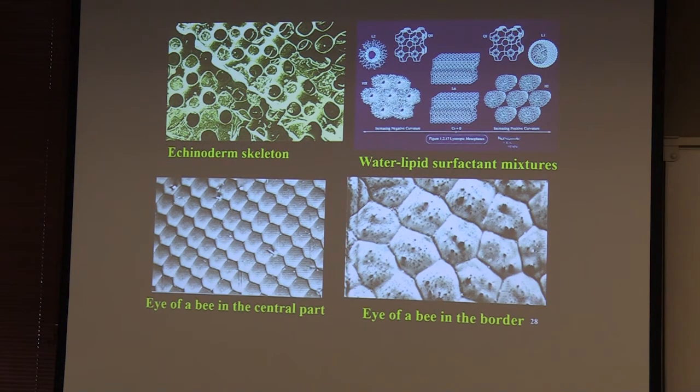show you that nature uses these 3 geometries in different systems at different levels of complexity. This is the skeleton of the echinoderm that has died. These channels are filled with organic matter, soft matter, and when it dies, you get these regions where you have an almost periodic structure in which you have saddle points.